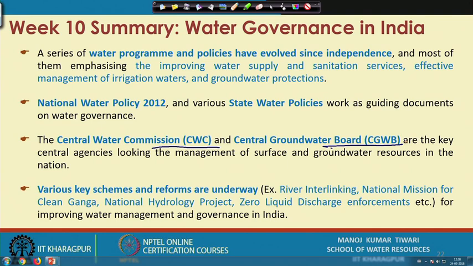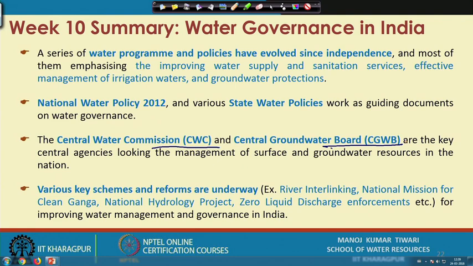There are various key schemes and reforms underway: river interlinking, the National Mission for Clean Ganga, the National Hydrology Project, and zero liquid discharge enforcement by the Central Pollution Control Board. All such projects are improving water management and governance practices in India.